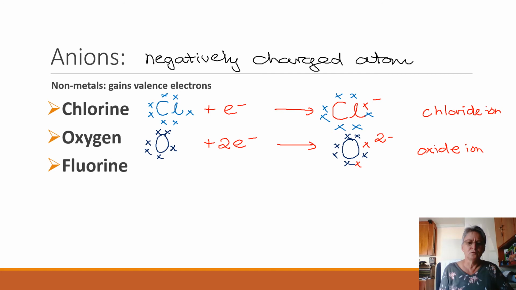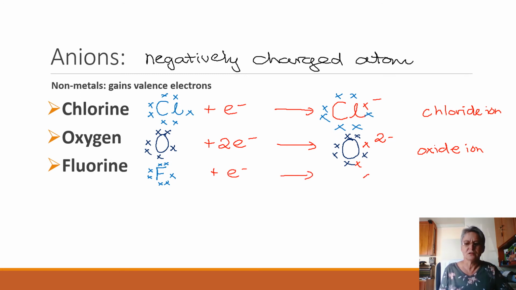Next we look at fluorine. Fluorine is in the same group as chlorine, so it's also got 7 valence electrons, and it needs 1 electron to fill the valence energy level.